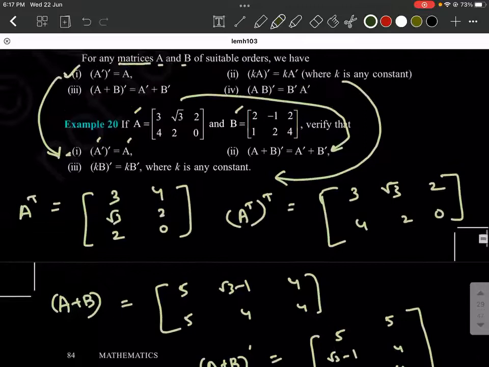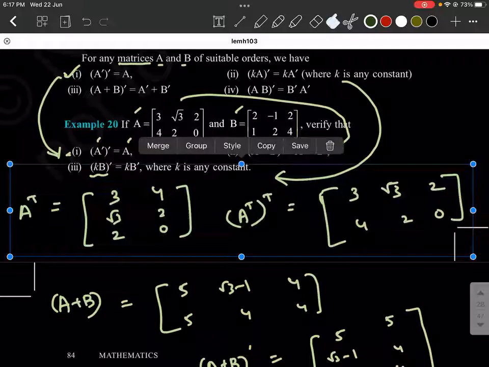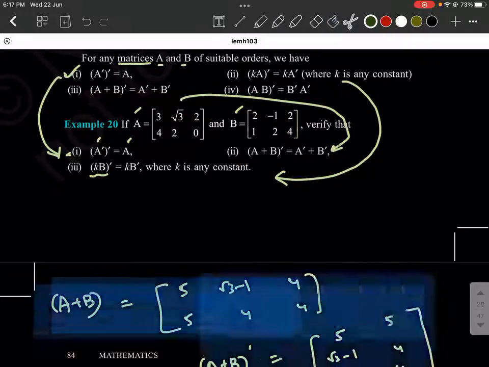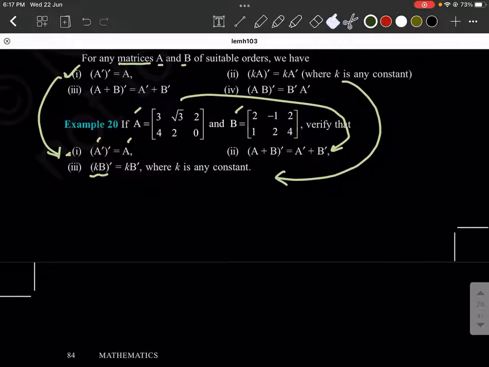Similarly, if you want to find the transpose of K into B, what will you get? K into B is 2K, minus K, 2K, K, 2K, 4K.